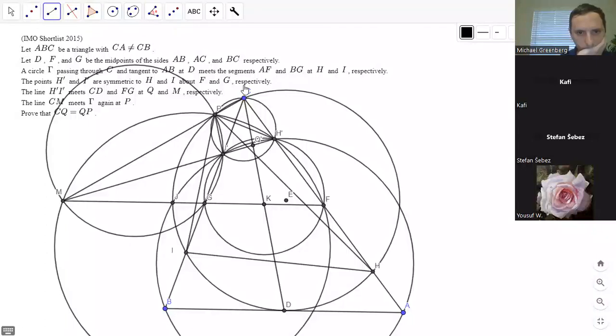No. So since we want to prove that CQ is equal to QP, can't we just try to project them?